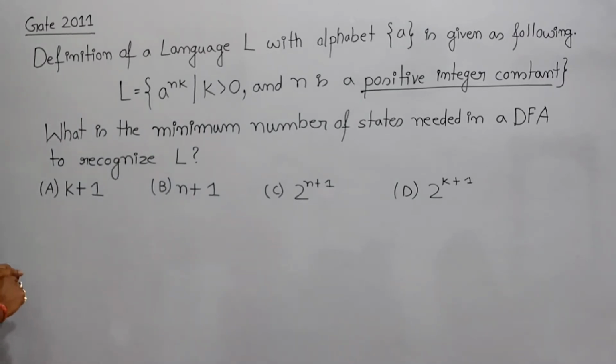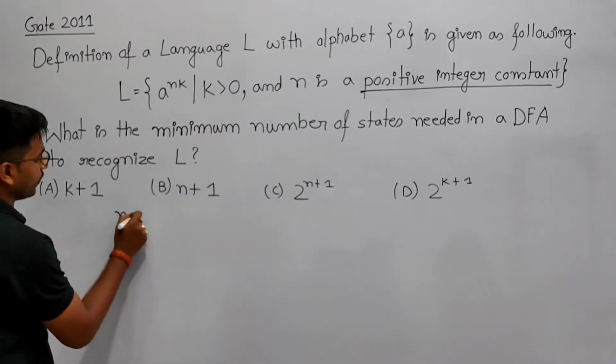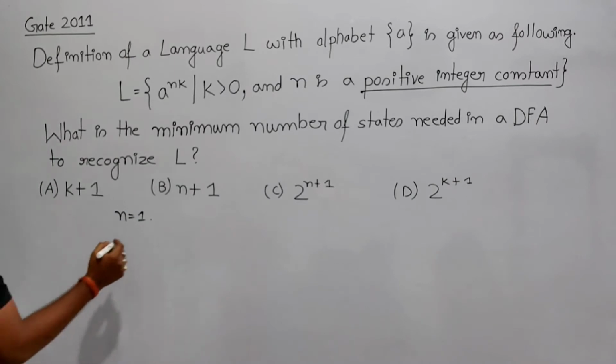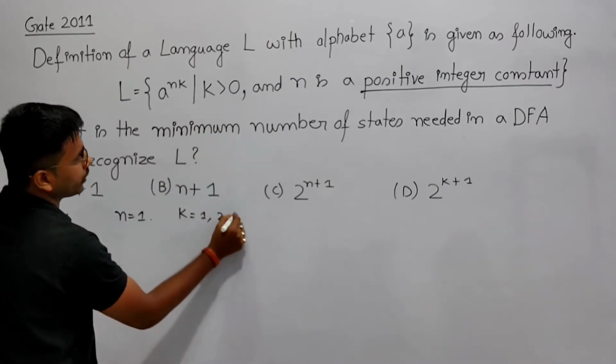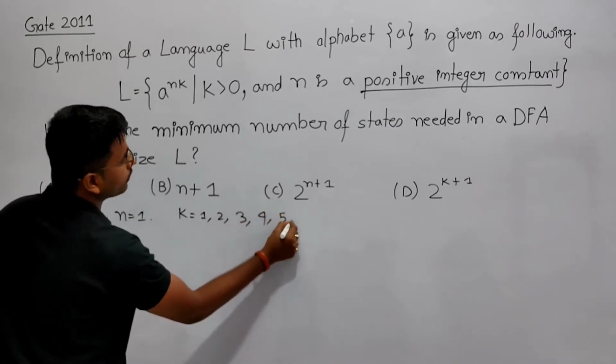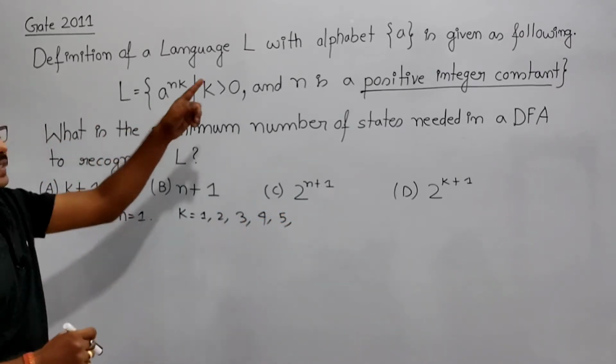So let us assume n equal to 1. If I assume n equal to 1, then k can be any value like 1, 2, 3, 4, 5, because it is saying that k is greater than 0.